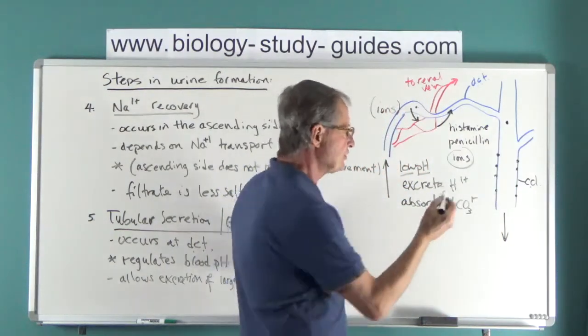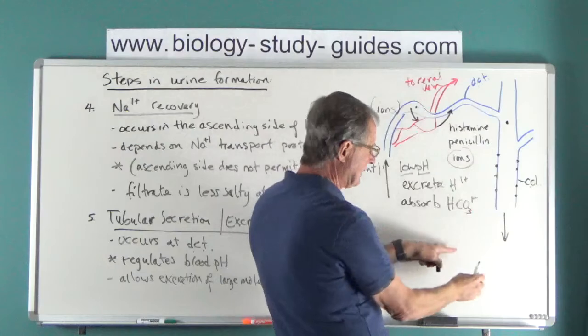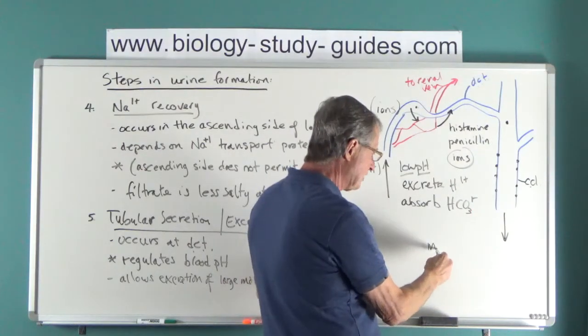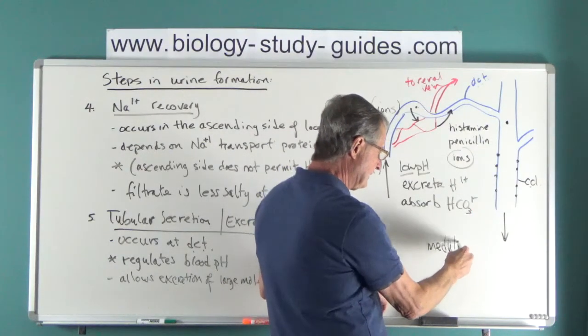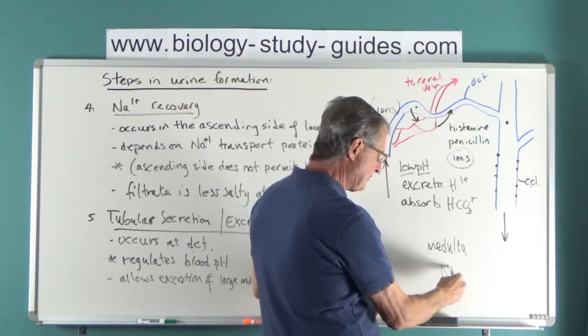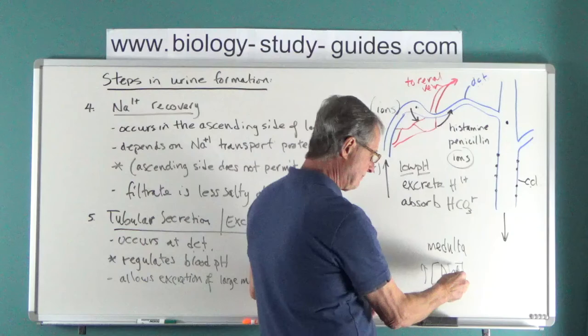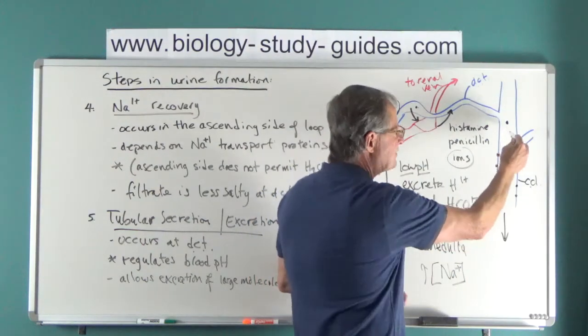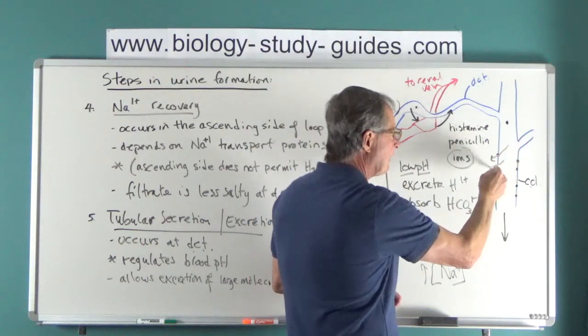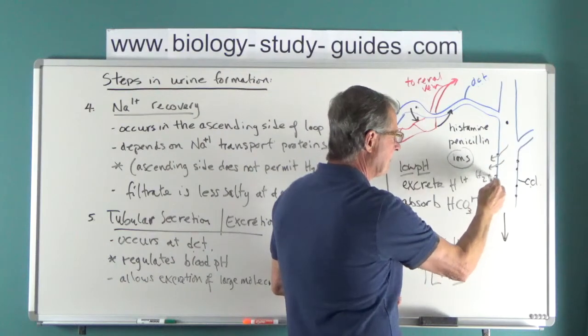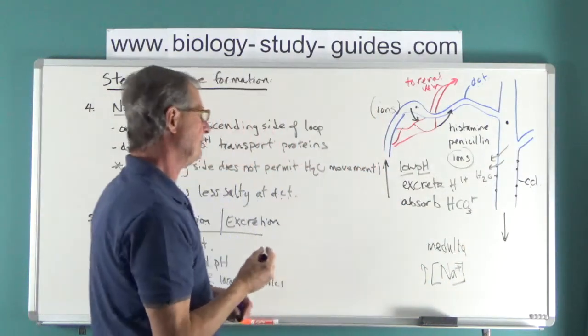protein channels, so that as we're moving down this collecting duct, remember this is the third passage into the medulla, and the medulla has a high sodium concentration. As this goes down here, water can be removed. So we can remove additional water.